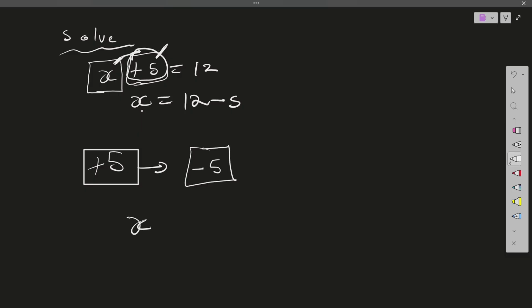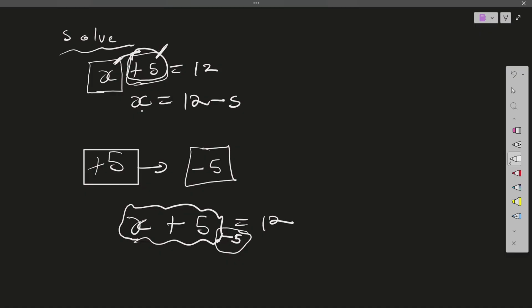In this example of x plus 5 equals 12, I'm removing the 5 from this side, so that is basically minusing by 5. And what I do on the left hand side, I must also do on the right hand side. That is what we call transposing.